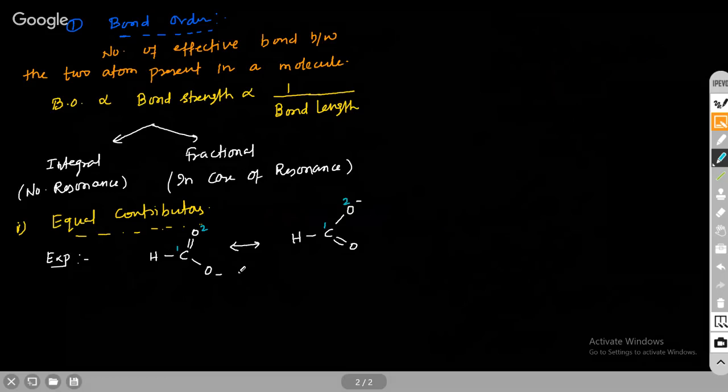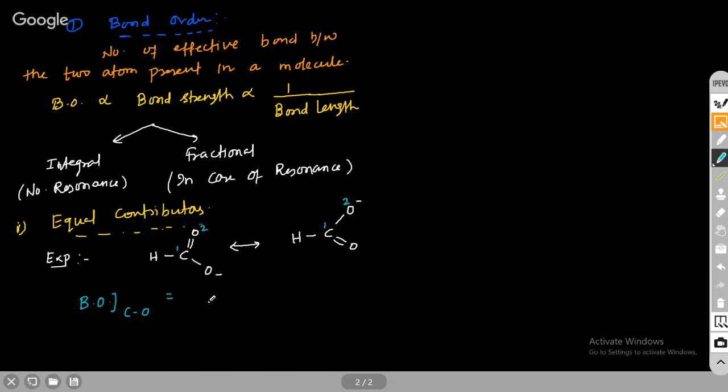3 by 2. Why 3 by 2? Because we are taking the average of it, right? We are taking the average of it. So the formula of bond order, and remember one thing, we are talking about the case of equal resonance, right?